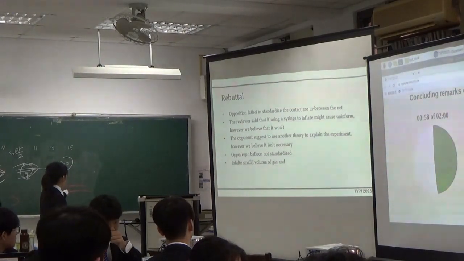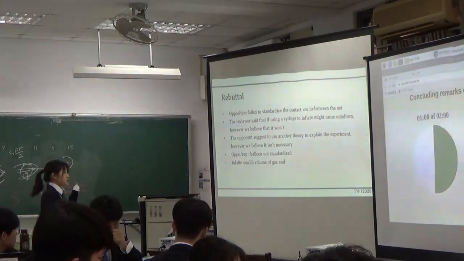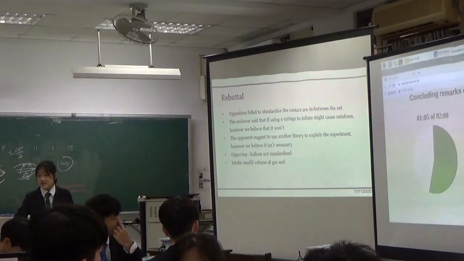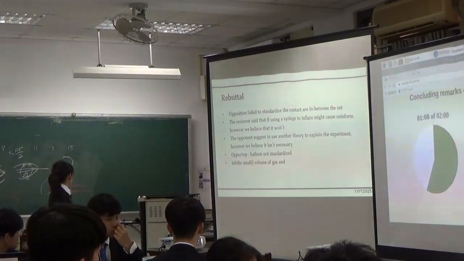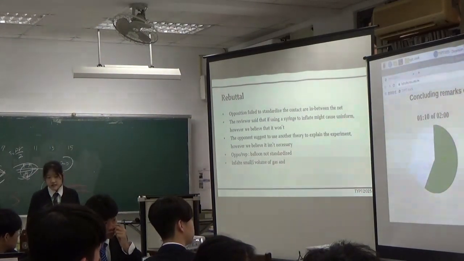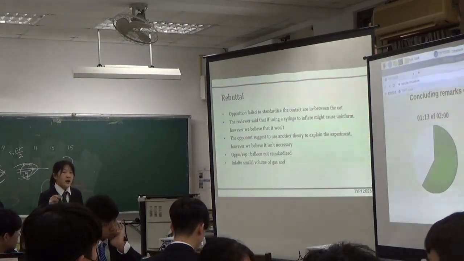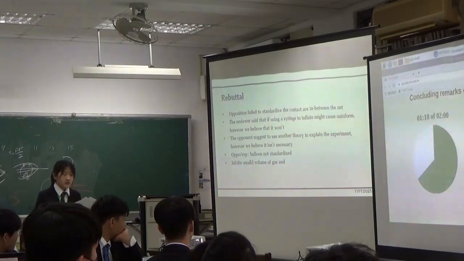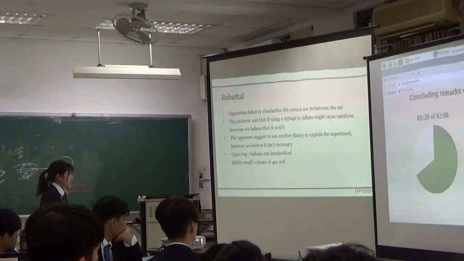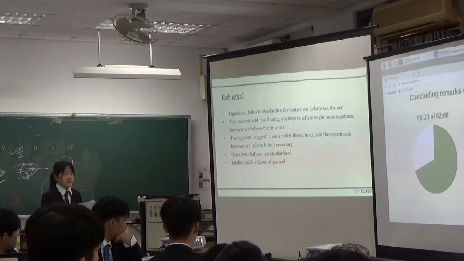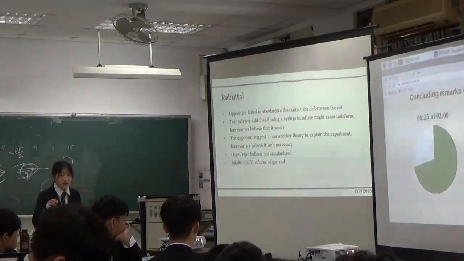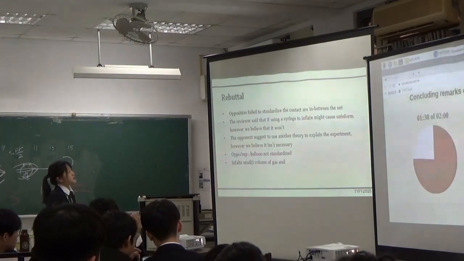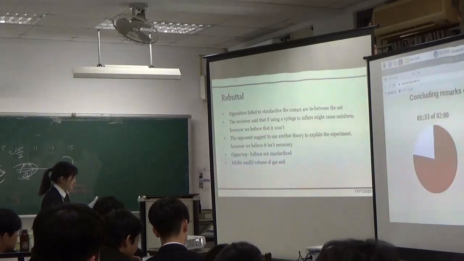The opponent said that using the other equation is because they think the pressure inside is small. However, we think that how to quantify big and low pressure was not mentioned very clearly by the opponent, and we think that PV equals nRT, the ideal gas law, is suitable for our experiment.